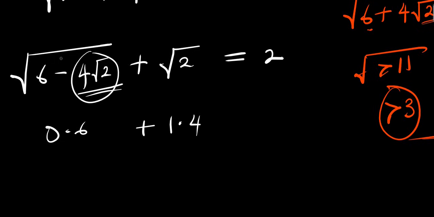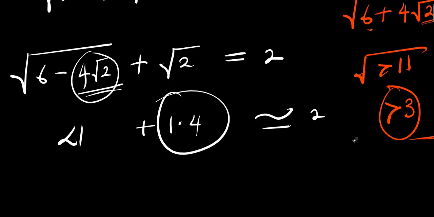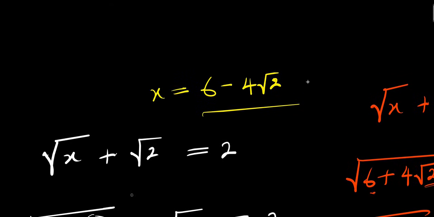And if you take the square root of that, it's going to give you 0 point something. So adding to this, if this is less than 1, I can easily replace this with less than 1 plus 1.4. That will obviously give you a number approximately 2. So this shows that this particular solution here is our correct answer.